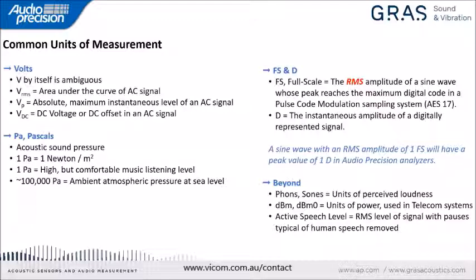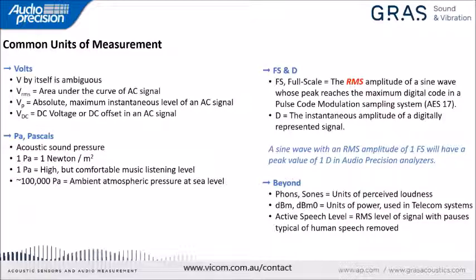The Audio Engineering Society has never defined a unit for the instantaneous amplitude of a system. There is no standard or accepted unit, for example, for a digital DC offset.